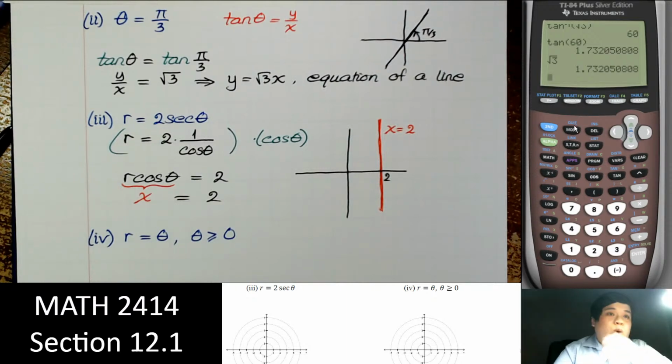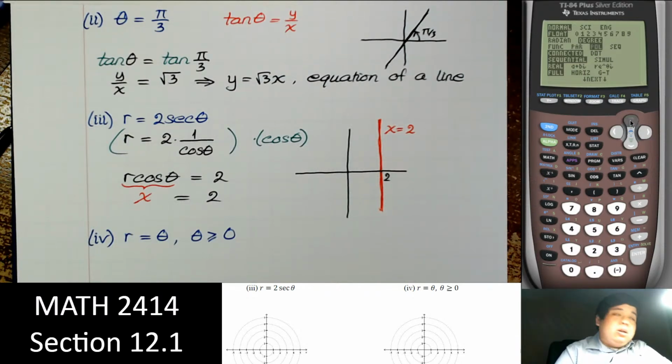If we want to graph in polar coordinates, of course we go to polar mode. And if we want to graph in polar coordinates, let's keep this in radian mode. So radian and polar. Now let's graph r equal to theta. So what we see is that.